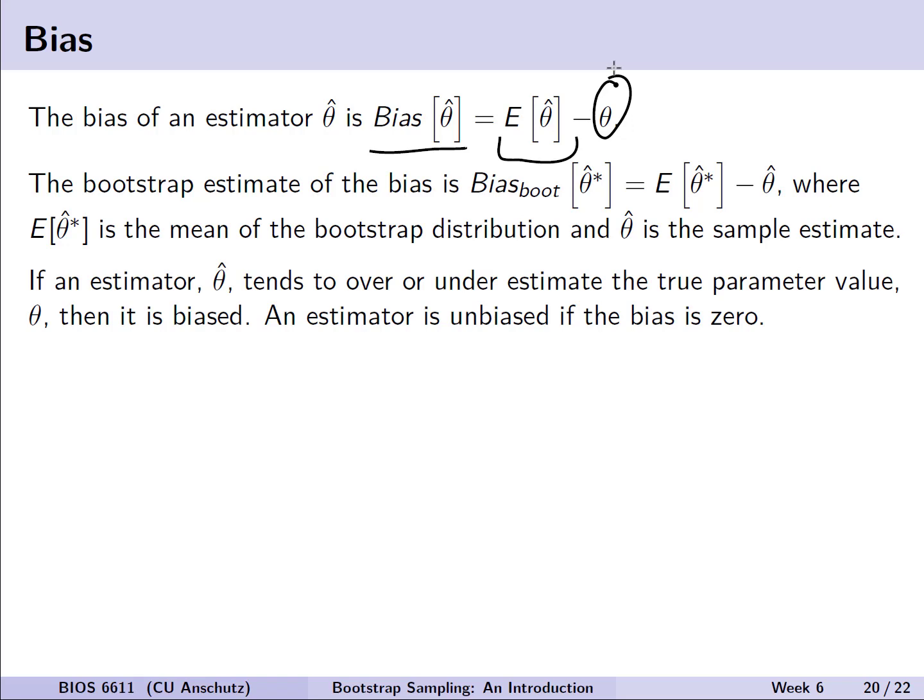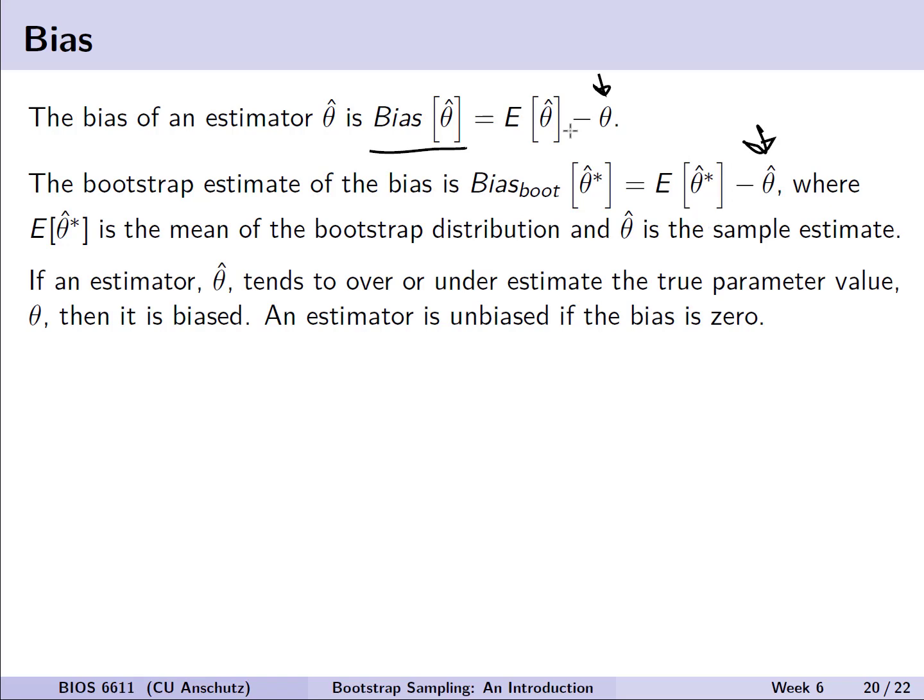In the case of our Bootstrap, the estimate of the bias is very similarly defined, but we see here that instead of comparing that to just theta, the true value, we're actually going to compare it to theta hat, the estimate from our sample, and then theta hat asterisk or star here represents that Bootstrap sample statistic.